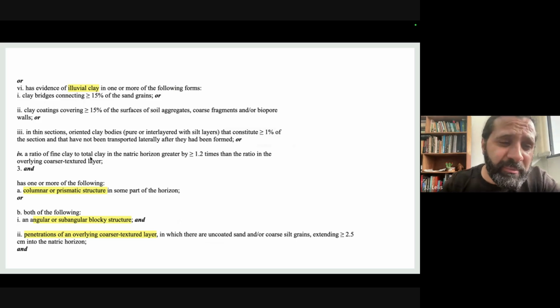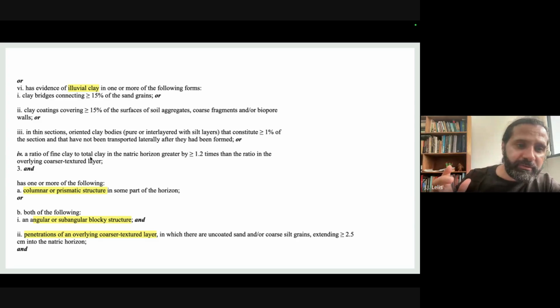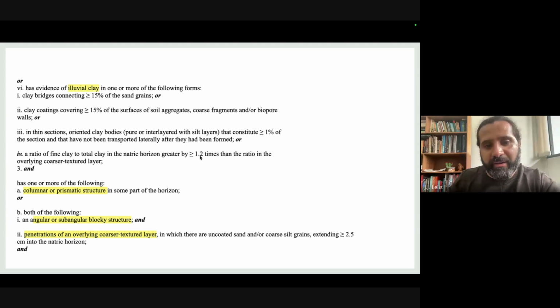As I said, some people extract the fine clay, that is the smallest fraction of clay, and they split the content of fine clay and total clay. So you must do this for the possible natric horizon and for the overlying horizon. If the difference between them is equal or higher than 1.2, then you can register a natric horizon.